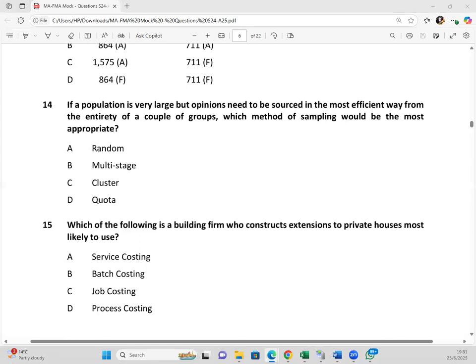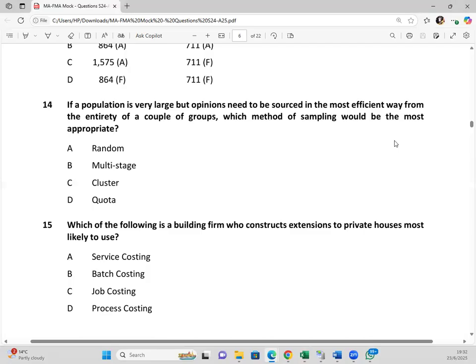Sampling methods. So if a population is very large, but opinions need to be sourced in the most efficient way from the entirety of a couple of groups. Which method of sampling would be the most appropriate?